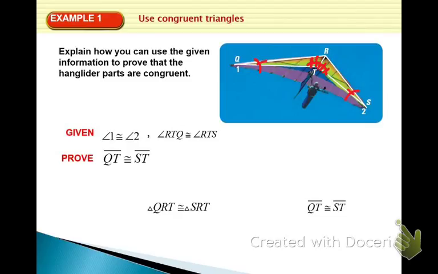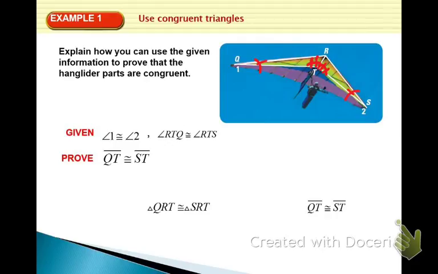So, how could we prove that these 2 triangles are congruent? Which shortcut? We can't directly say that QT is congruent to TS. We have to show the triangles are congruent first. And we don't know anything about QT and TS, but what other parts can we use to say the triangles are congruent?